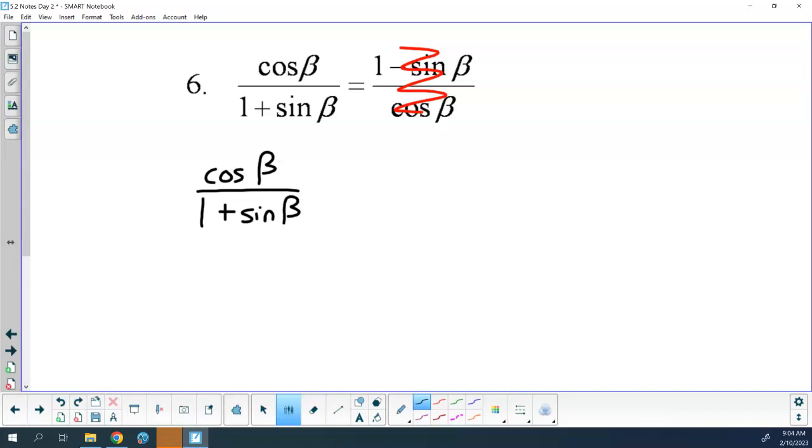Remember that there's not a lot that we can do with it, right? But we can multiply by 1. And the 1 that we're going to multiply by is actually going to be the conjugate of the bottom of the denominator.